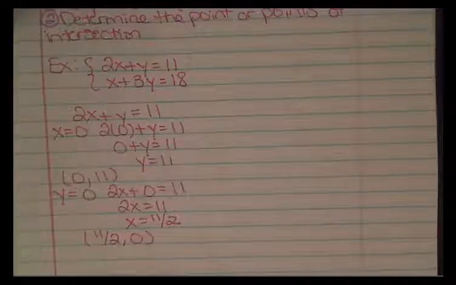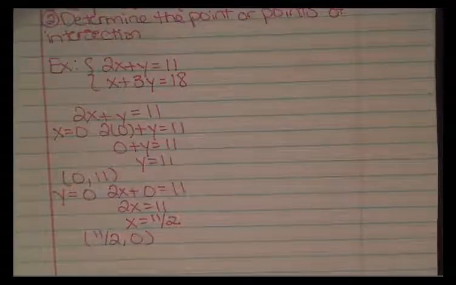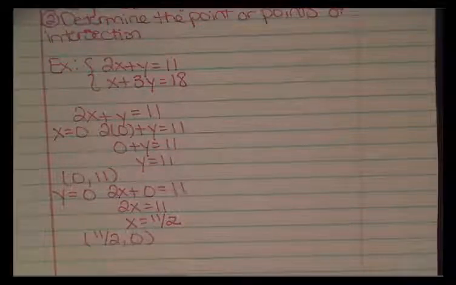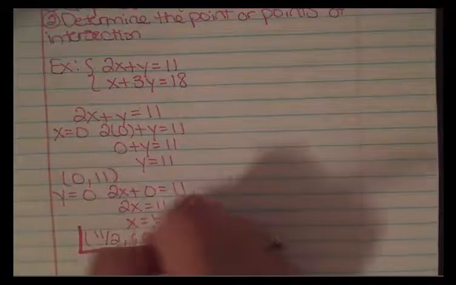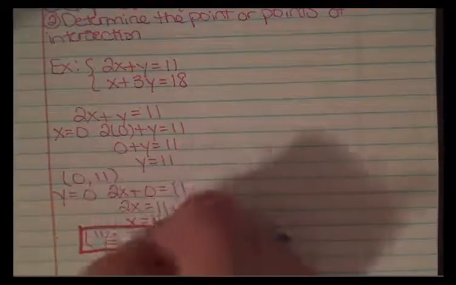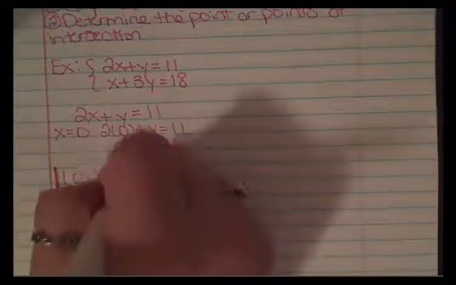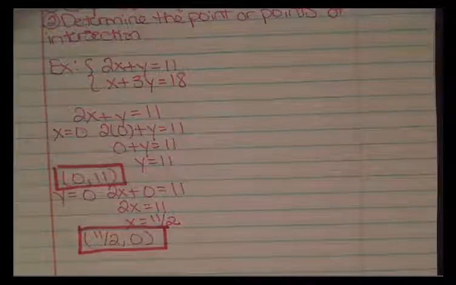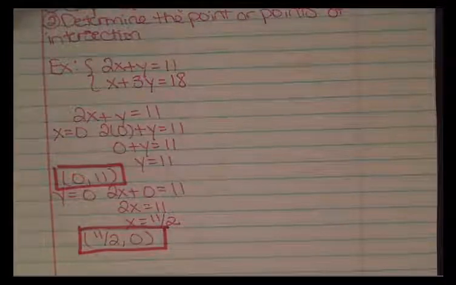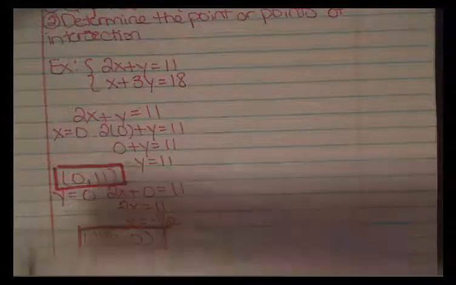Okay, I'm going to go ahead and graph this line so you can see it. I'm going to designate this as my red line, because I'm going to graph this on graph paper, and I'm going to use different colors to try and make it easier. So my first point is 0, 11.